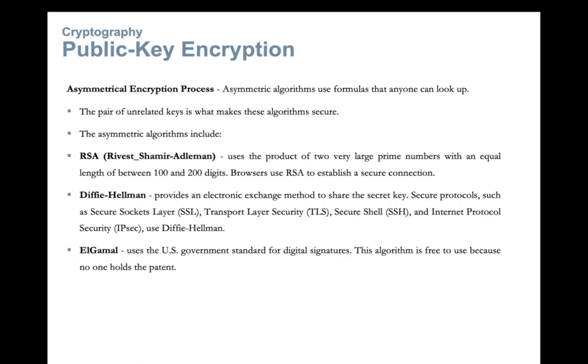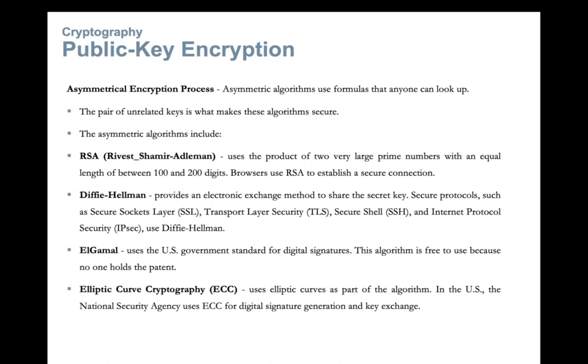Another important public key encryption algorithm is elliptic curve cryptography, ECC, which uses the elliptic curve as part of the algorithm. In the US, the National Security Agency uses ECC for digital signature generation and key exchange purposes. I'm not going into the technical details of RSA and Diffie-Hellman, the public key encryption algorithms.